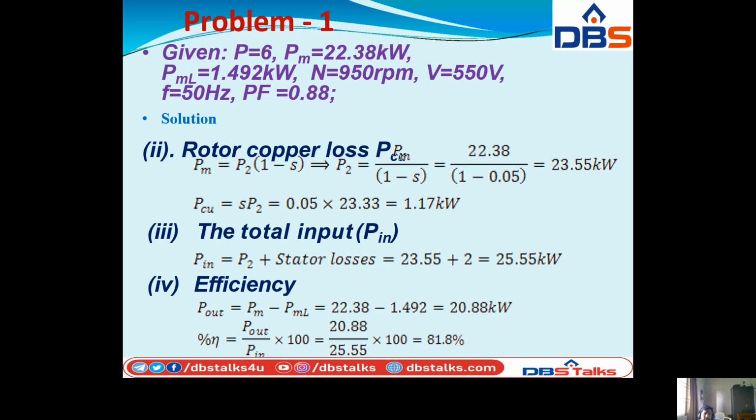Then total input, P input, is equal to P2 plus total copper losses. P input is equal to P2 plus stator losses, that is 23.55 plus 2, that is 25.55 kilowatts. Efficiency is equal to P out by P input into 100.